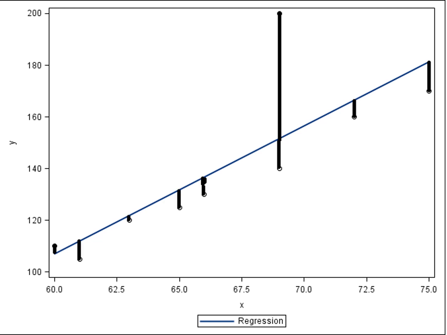Here's that idea about the vertical distances. Again, for every point I drew a line between that point and the line, and that shows us how far the point is from the line. We want that distance to be small, but we want it to be small for all the points, so we have to look at this aggregate distance.